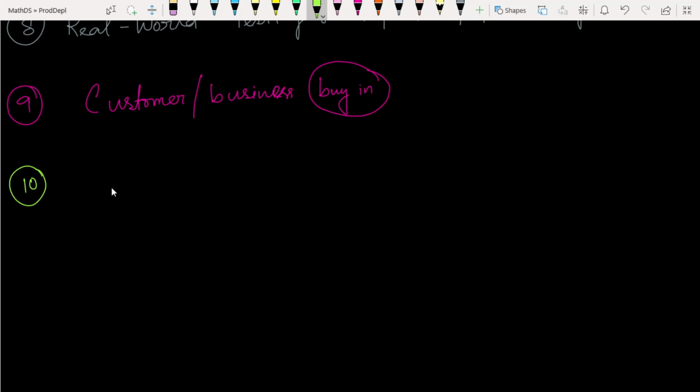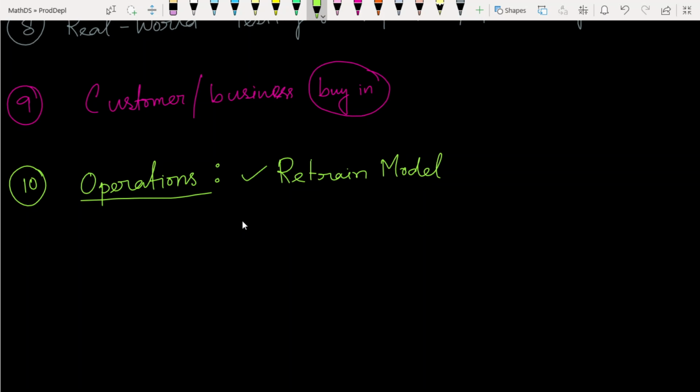Even after everything is okay, our model will not always be better, so time to time it needs to be operated. Operations means retraining our model and handling failures.